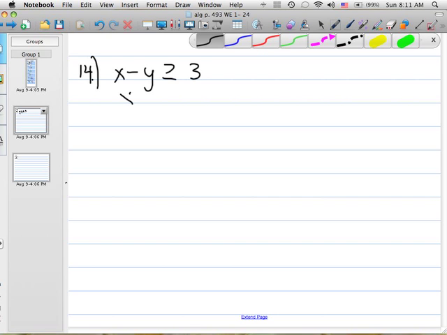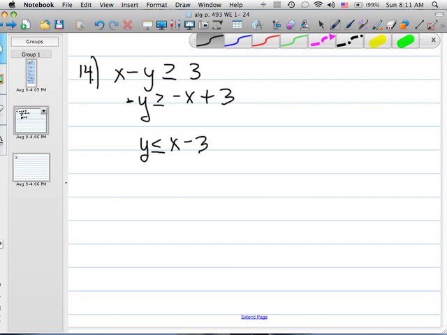So you solve it, get it to y something before we write the boundary equation. So it's the opposite of y is greater than or equal to -x plus 3. We're moving the x over, so we subtracted it. Multiply by a -1, that'll turn the inequality to y is less than or equal to x minus 3.